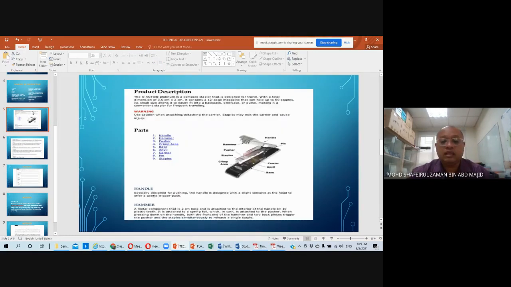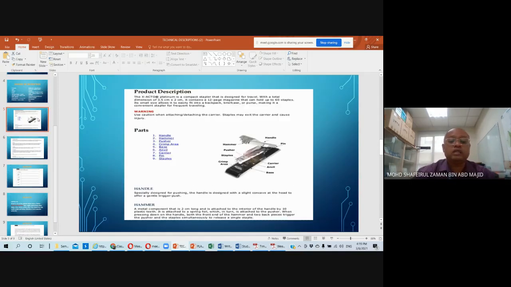As you can see, this is an example of a stapler. You have 9 main parts of a stapler here. Of course, for certain products there are no sub parts at all, so it consists only of main parts. Here, you have only 9 parts, but it is not stated how many sub parts there are.